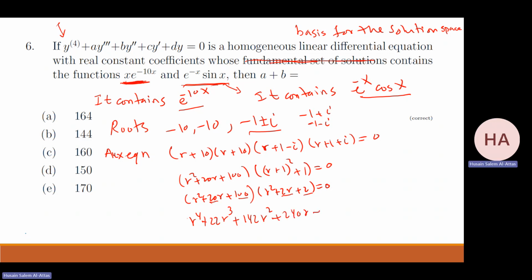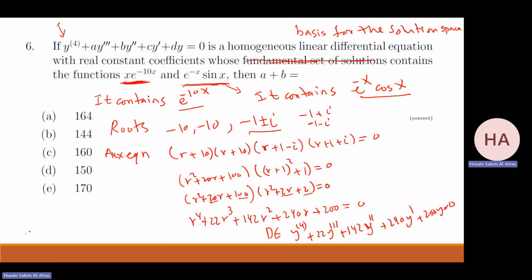What gives me the constant? Plus 200 equals 0. So what will be the differential equation? y, the fourth derivative, plus 22 times the third derivative, plus 142 times the second derivative, plus 240 times the first derivative, plus 200y equals 0. That will be the differential equation.